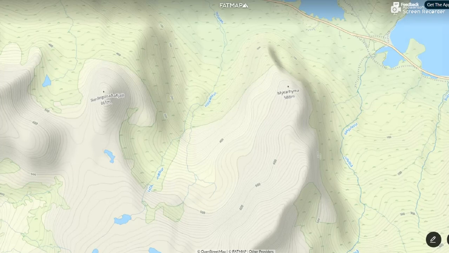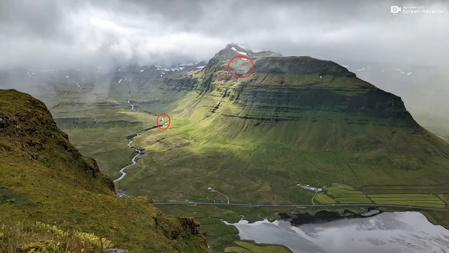Let's have a closer look at the photo to start with. We can see the picture is taken from a high vantage point, looking over very steep ground. We've got this water feature here, then it looks like there's a road beyond it, and then very steep mountain disappearing off into the clouds.